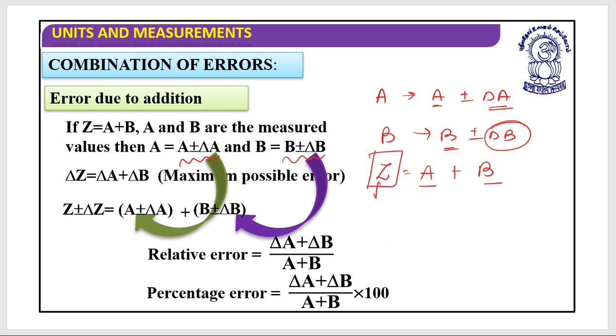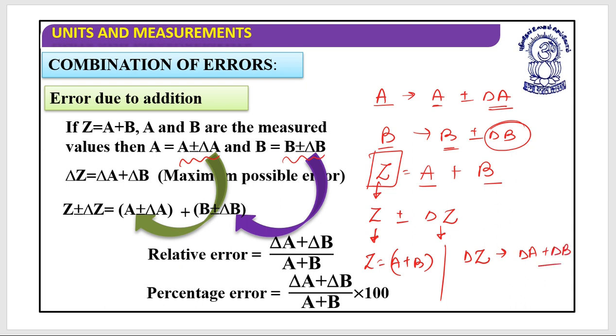So I should write it as Z plus or minus delta Z. Z is the total value, or the true value, and delta Z contains the error in the addition. So Z equals A plus B, and delta Z should be written as delta A plus delta B.